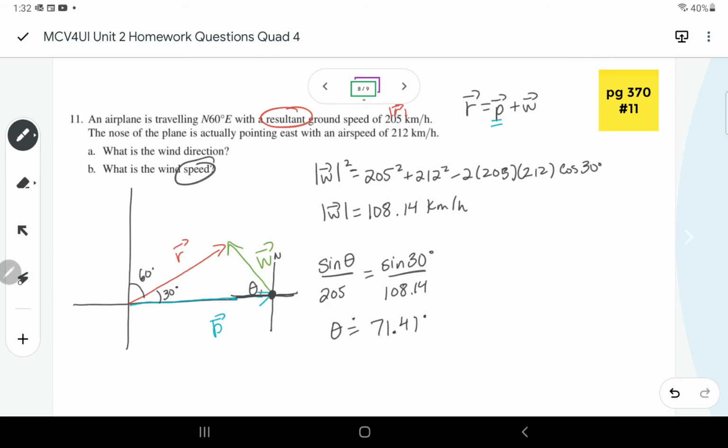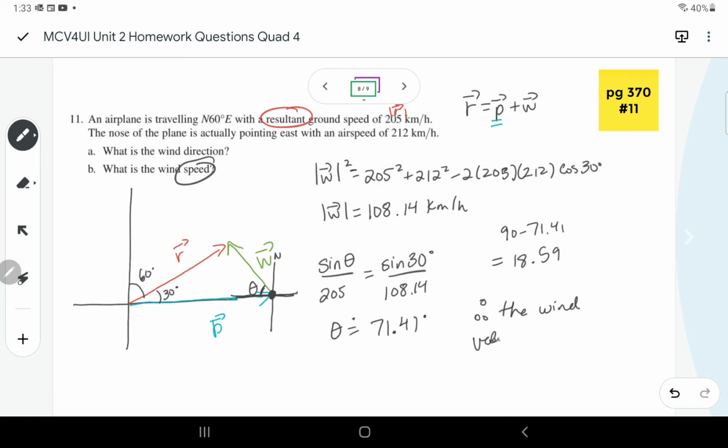So if I know this angle in here is 71, I'm going to subtract that from 90 to figure out the angle, because I always want to state angles as starting at north or south. So that's 18.59.